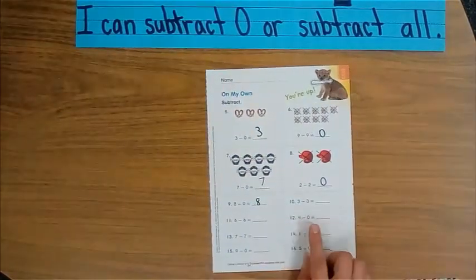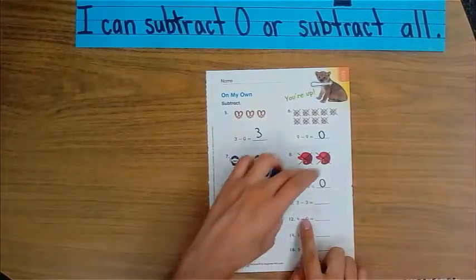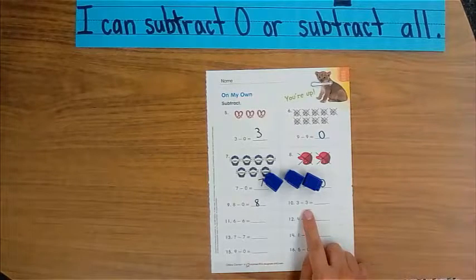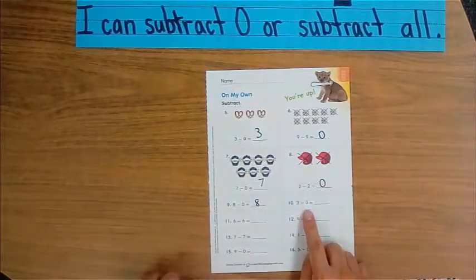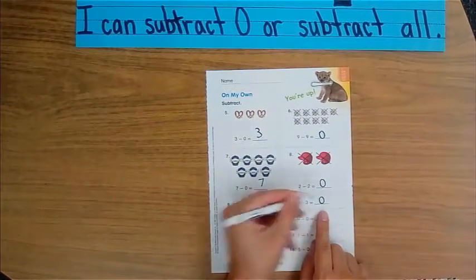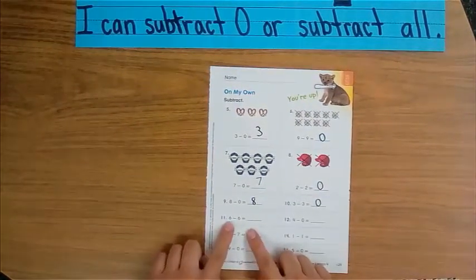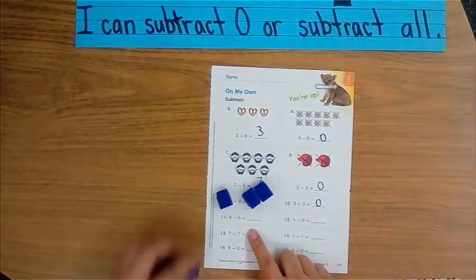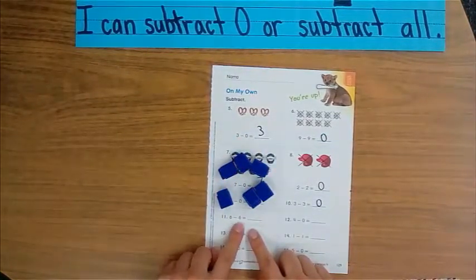Okay, 3. So I have 3, and I need to take away 3. So let's do that. Okay, so now I have 0. Fantastic. Okay, here I have 6. So let's put 6 blocks. And I'm taking 6 blocks away.